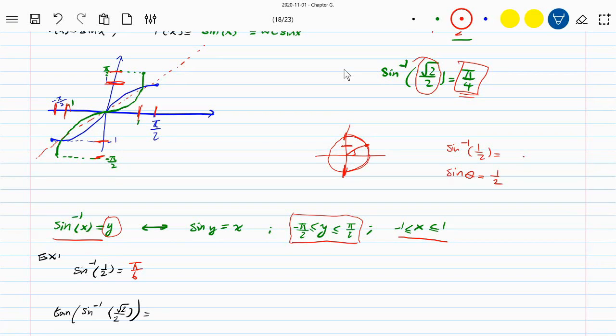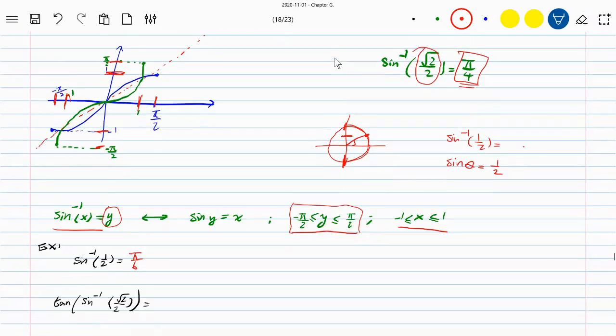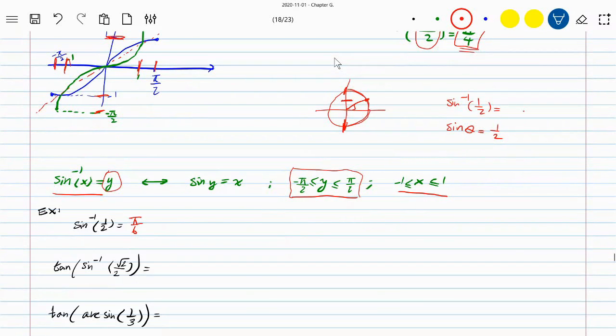Okay. It's important that you understand the concept of inverse. This is something that you should be familiar with from earlier classes, but reminding you of this inverse function is important. Okay. How about if it's combined with other functions? How about tangent of sine inverse of square root of 2 over 2?